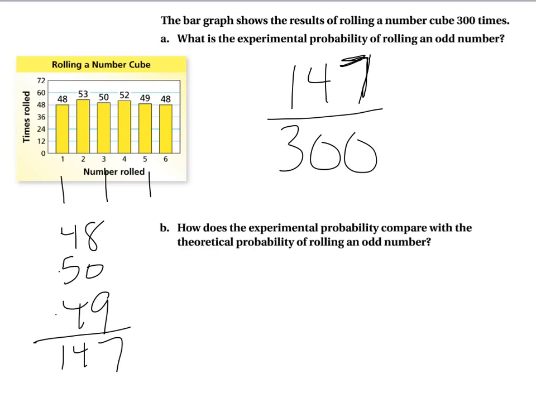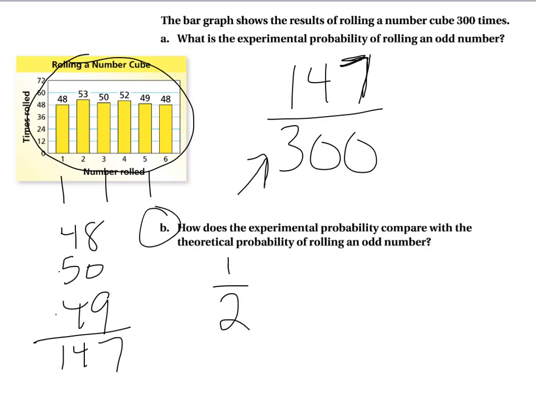Now, this is where this is a great problem. B, how does the experimental probability compare with the theoretical probability of rolling an odd number? Well, let's think about this. If we have 6 numbers and we roll it, in theory, 1/2 of the time I should get an odd number. Obviously, when we found that, we didn't do that here. We did 147 over 300.